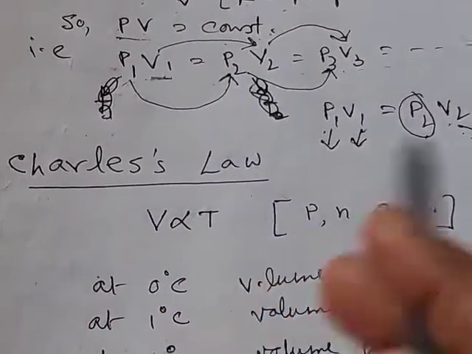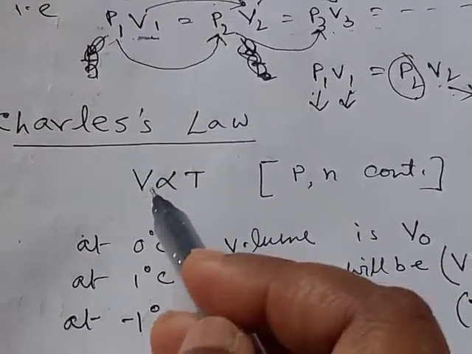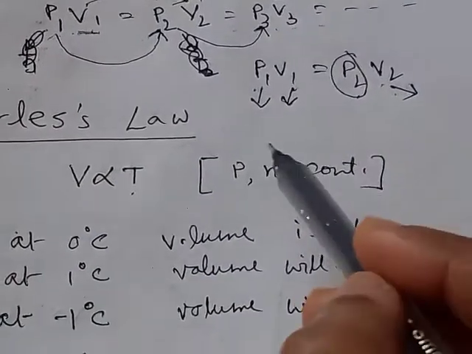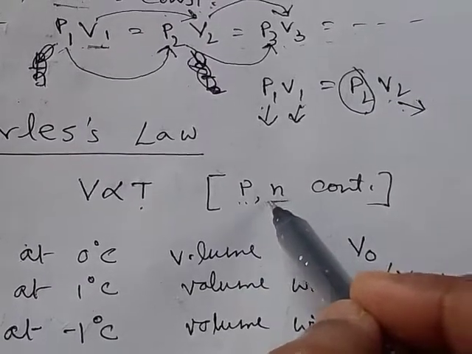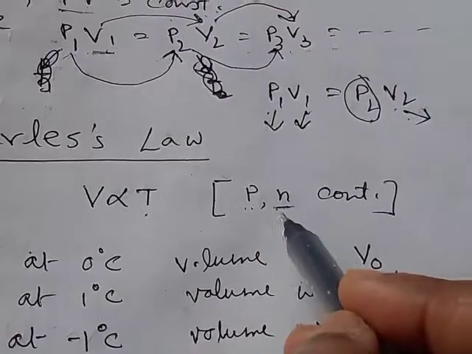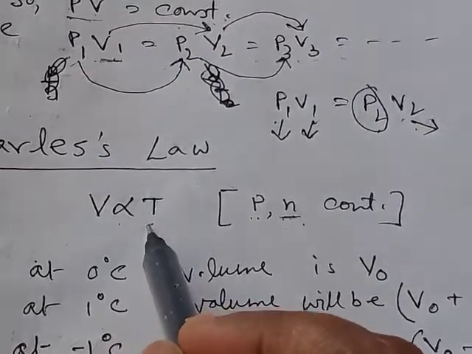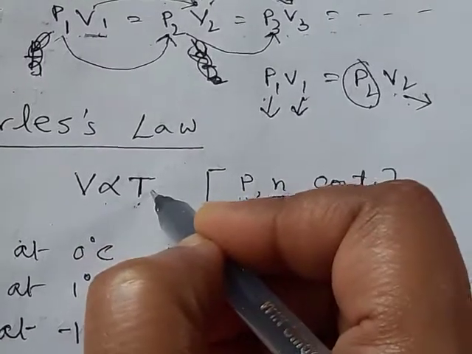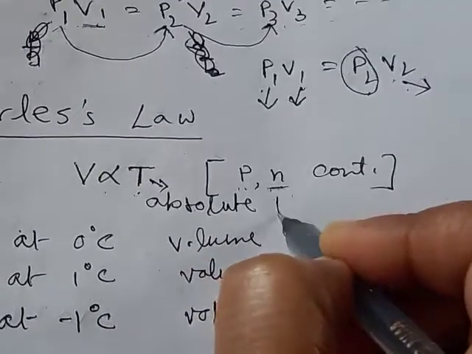Now Charles' law. What is Charles' law? Charles' law gives the relation between volume of gas and temperature. Here we have to take constant values of pressure and the quantity of gas, that is N. That is, at constant pressure for a definite amount of gas, volume is directly proportional to its temperature, and this temperature is in Kelvin scale, or this is called absolute temperature.